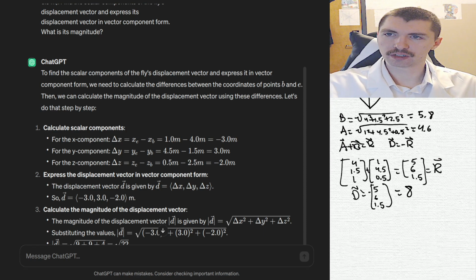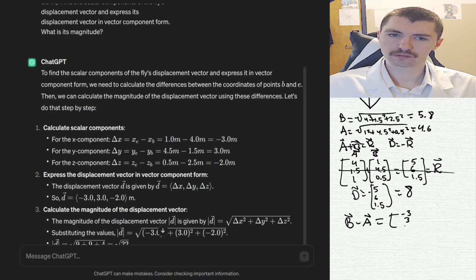So it's saying we should have done, so this is A and this is B. We should have done B minus A. Okay, and it's saying this isn't true anymore, I guess.